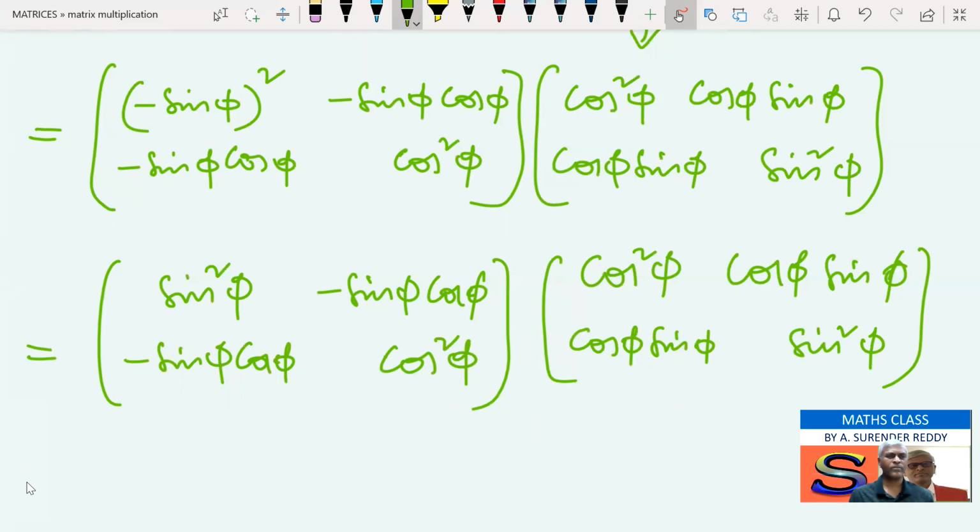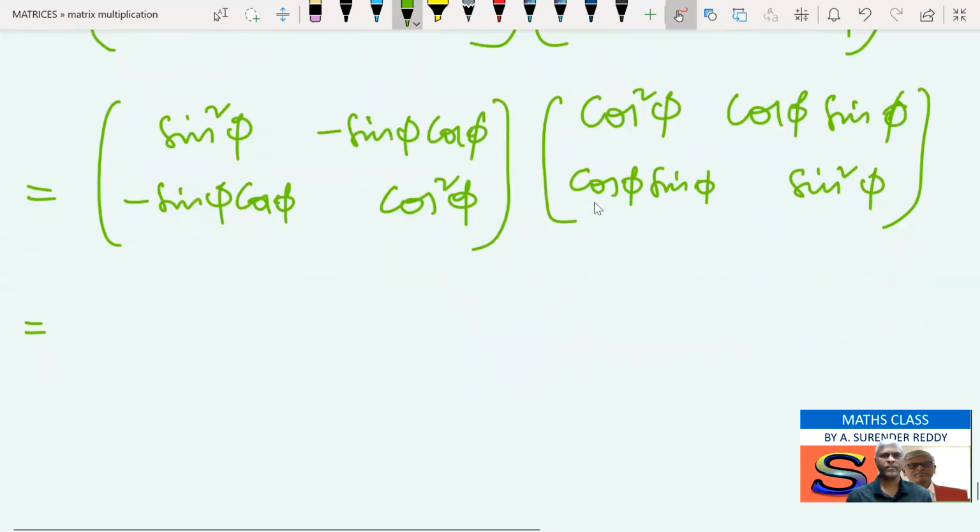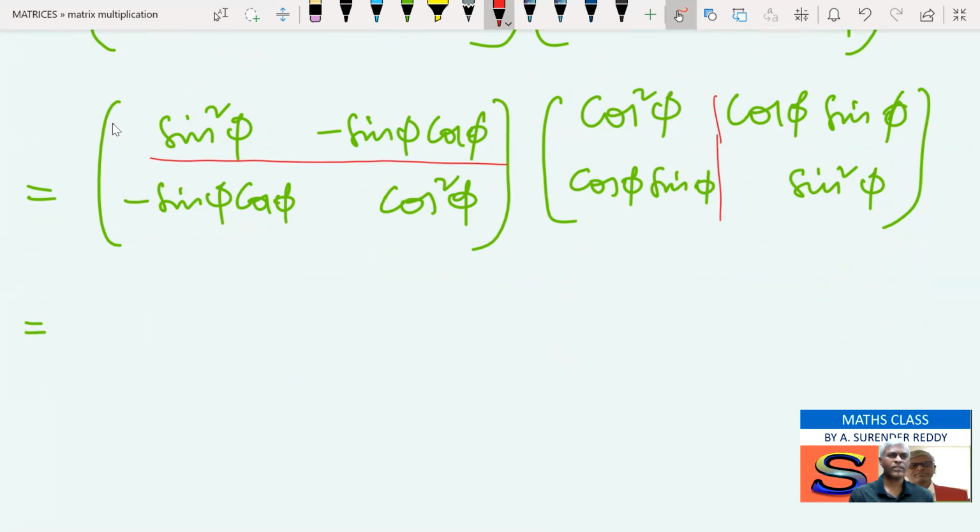Now multiply. We have to multiply both the matrices. We know the procedure: rows into columns. So this is R1, R2, and this is C1, C2.